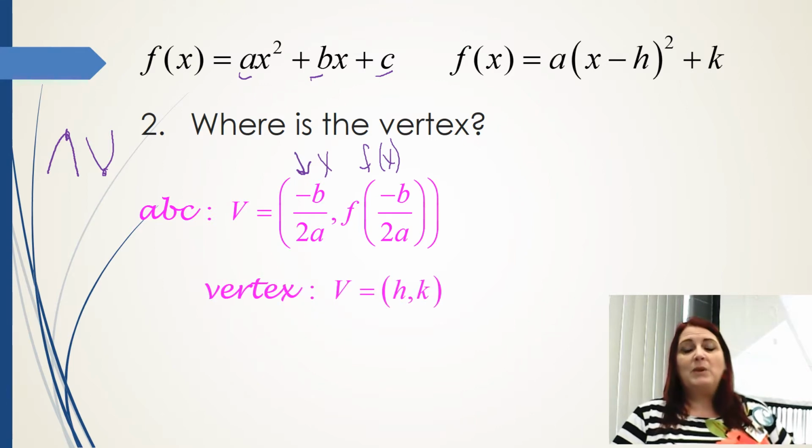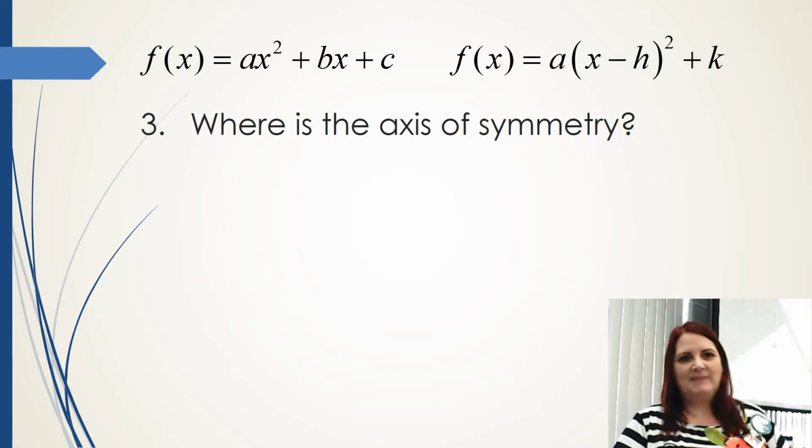On the vertex form, it's pretty easy. We find h, we find k, and that's our vertex, which is why it's called the vertex form. Once you have the vertex, it's pretty easy to answer this next question, where is the axis of symmetry?